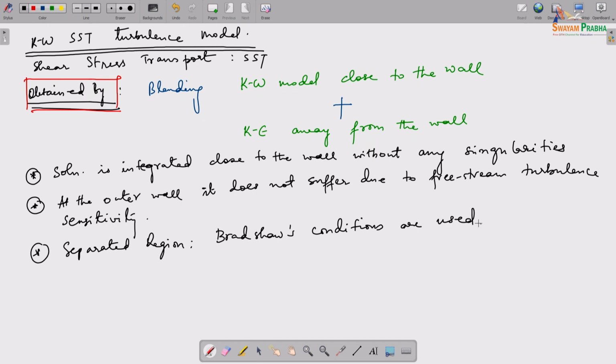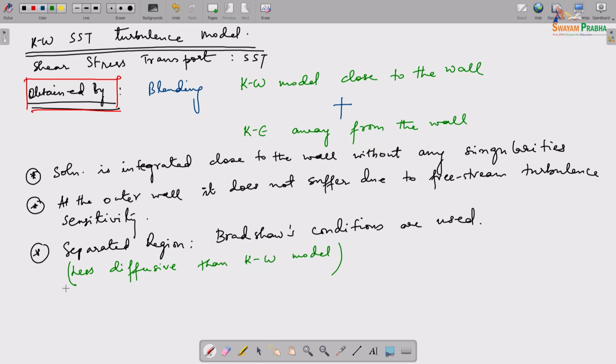Let's just say it is less diffusive than the K omega model.